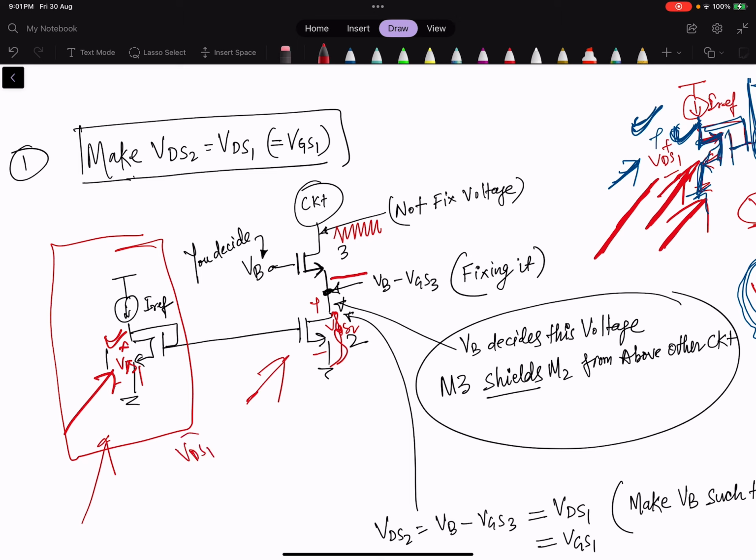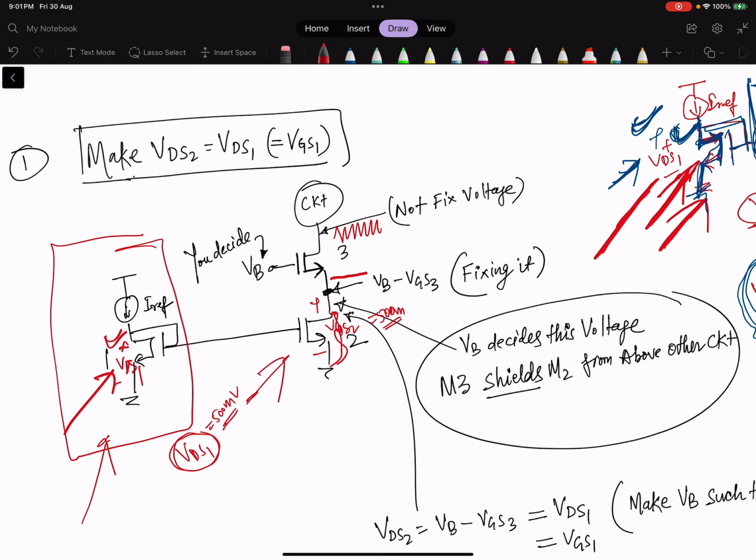Let's say VDS1 is available, which we want to be 500 millivolt, so VDS2 should also be 500 millivolt.